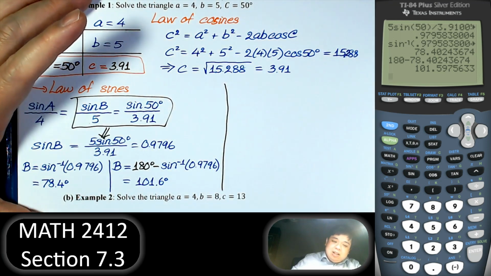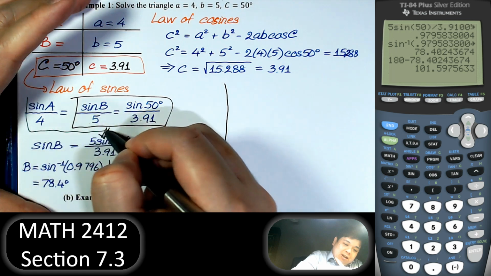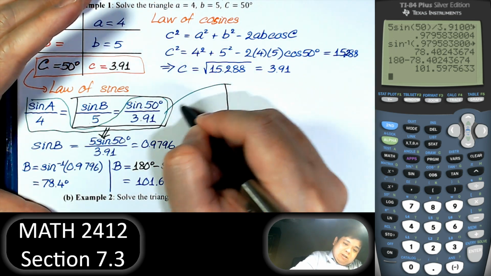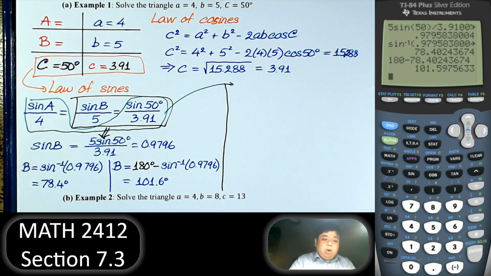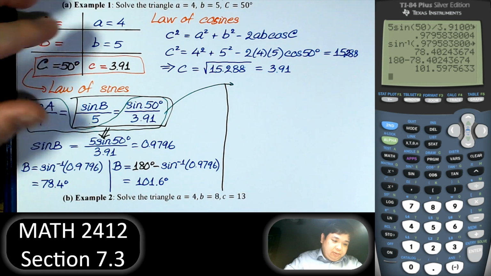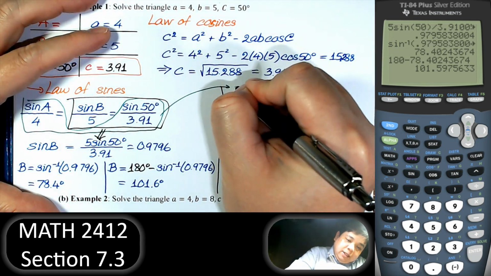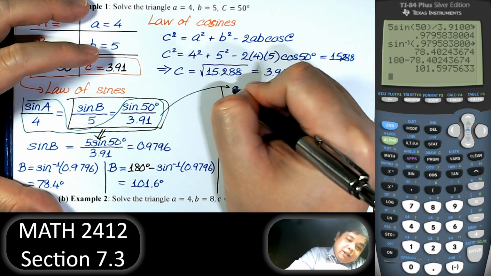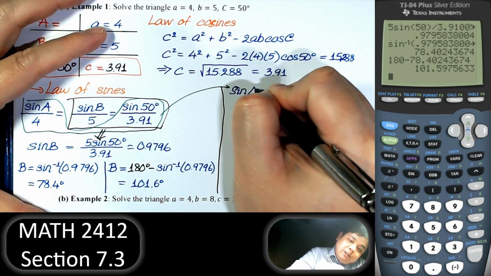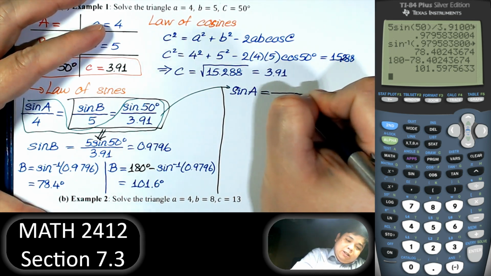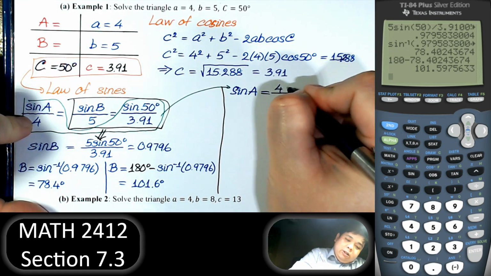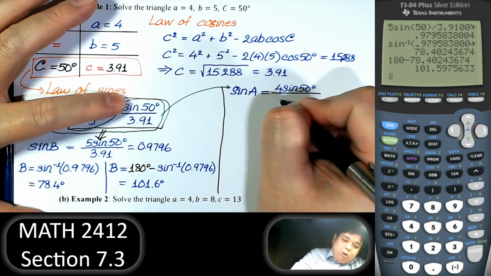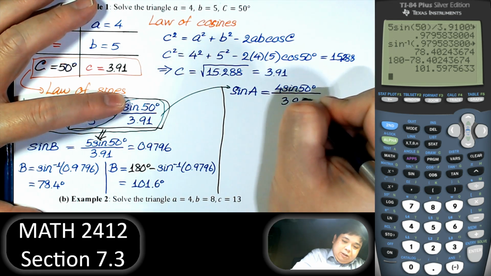Right. Now let's check the first and the last ratio, and also cross multiply, and solve for sine A. For sine 50 degrees over 3.91.